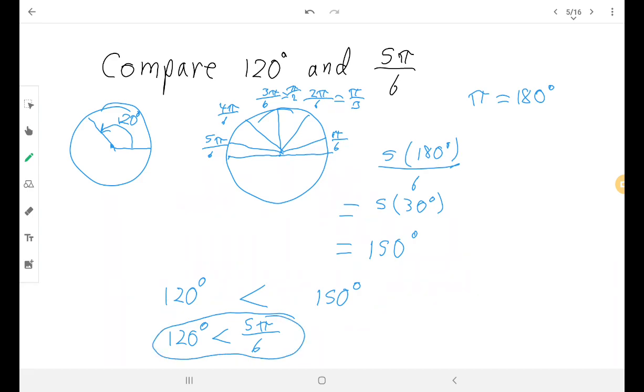Which you can sort of see, the 120 really only comes to there, and the 5 pi over 6 comes almost all the way around. All right, I'll give you a chance to look at that. All right, let's look at the next one.